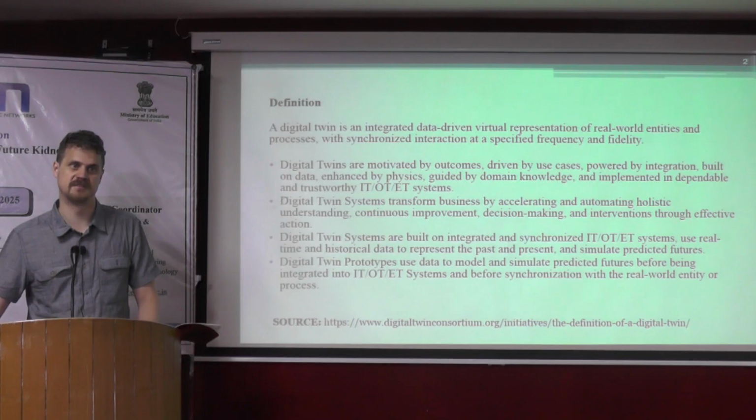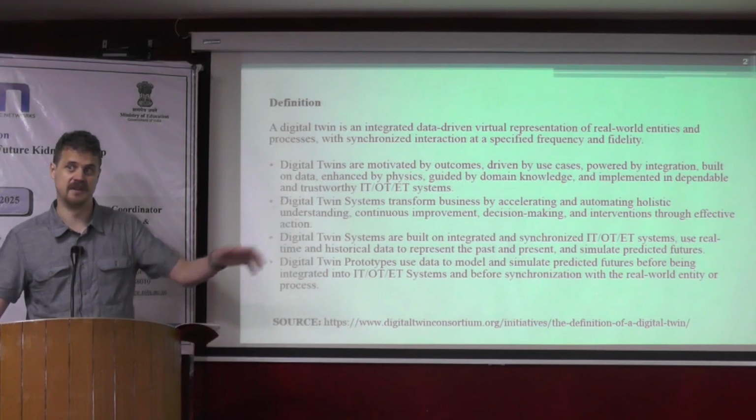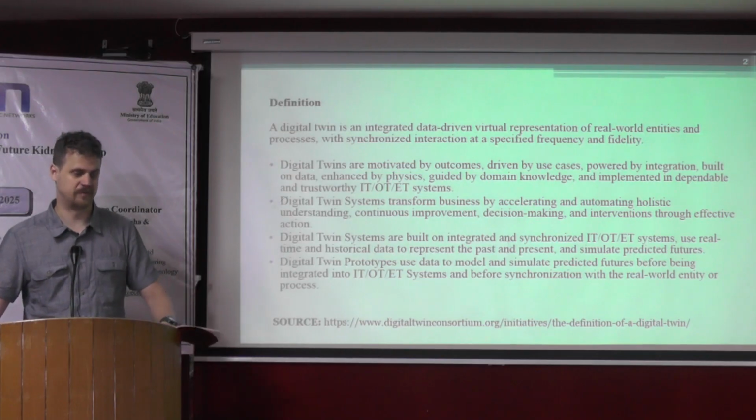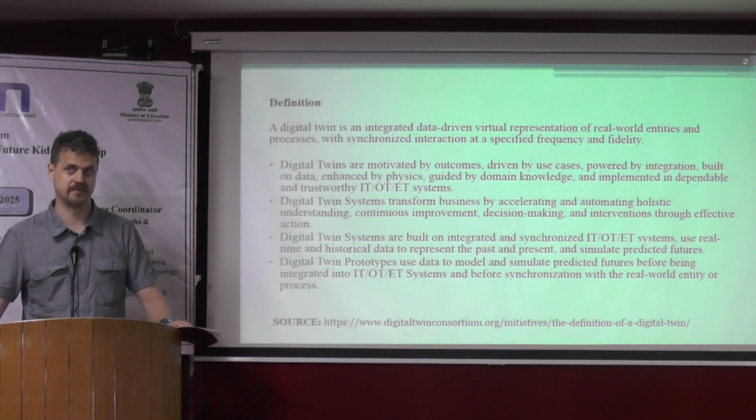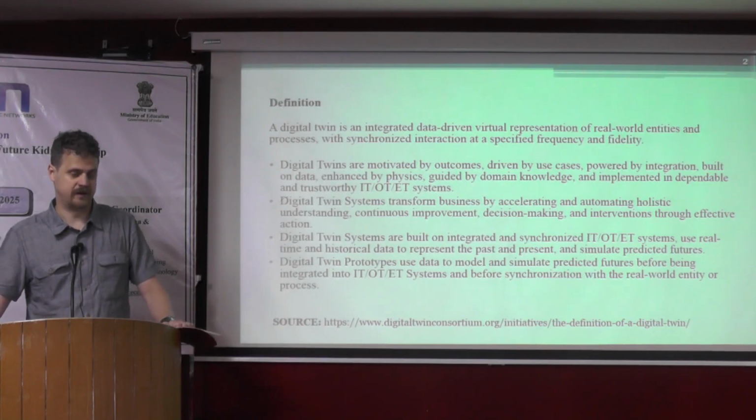It's possible to create a digital twin that would mimic the processes that happen within a social system. Digital twins can also be used for weather forecasts, etc.